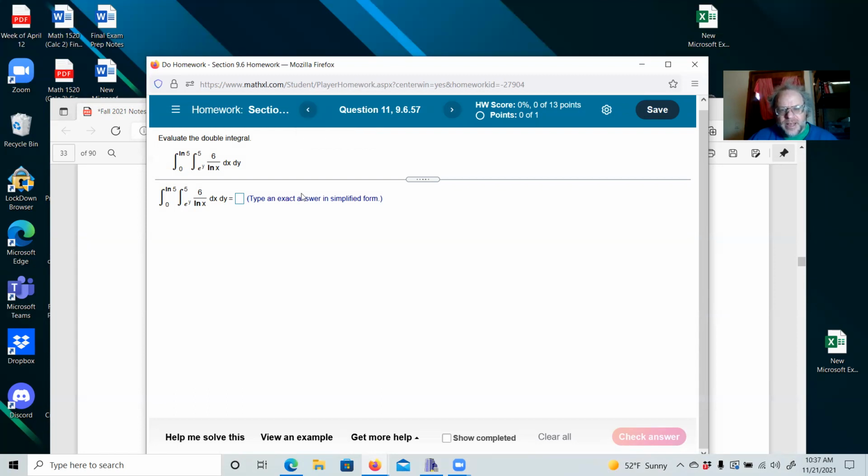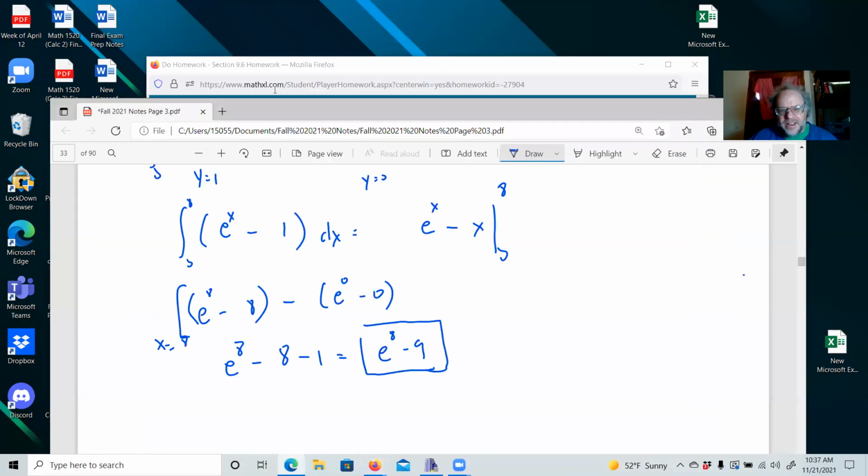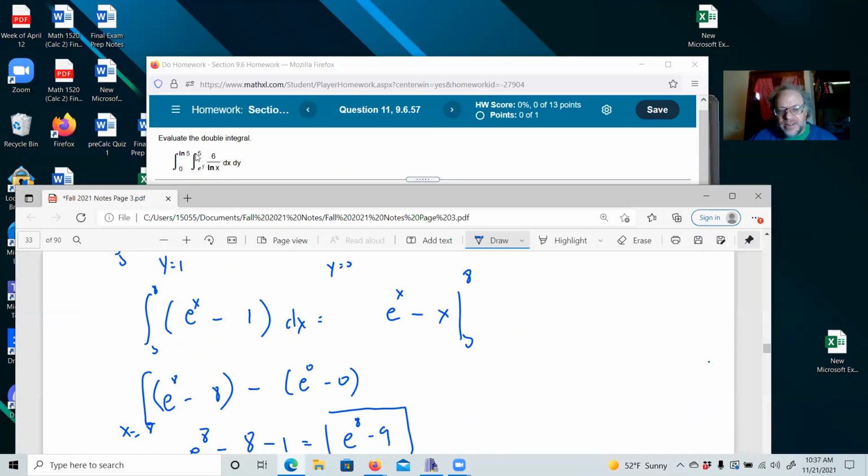Now this one. Again, since it is not a region, it's an e to the y to the 5, and then a 0 to ln of x for y. Actually, I don't think I asked you one where you actually have to flip the limits like this.